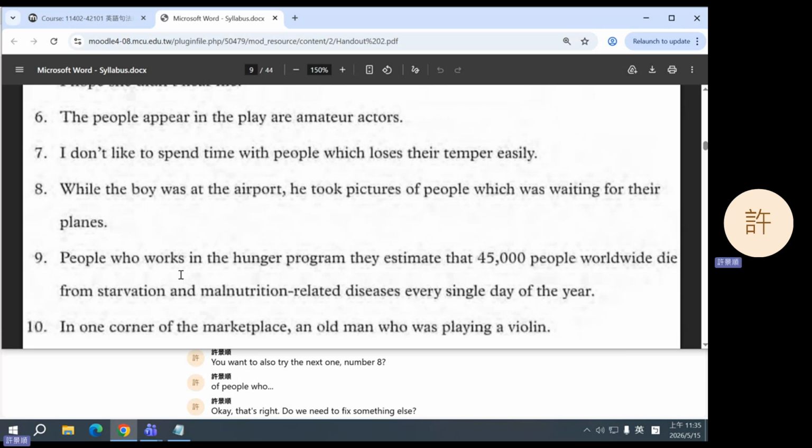How many people? Pictures of people. How many people? One or many? So it should be "who were," not "which," as you said, right? Who were or that were.